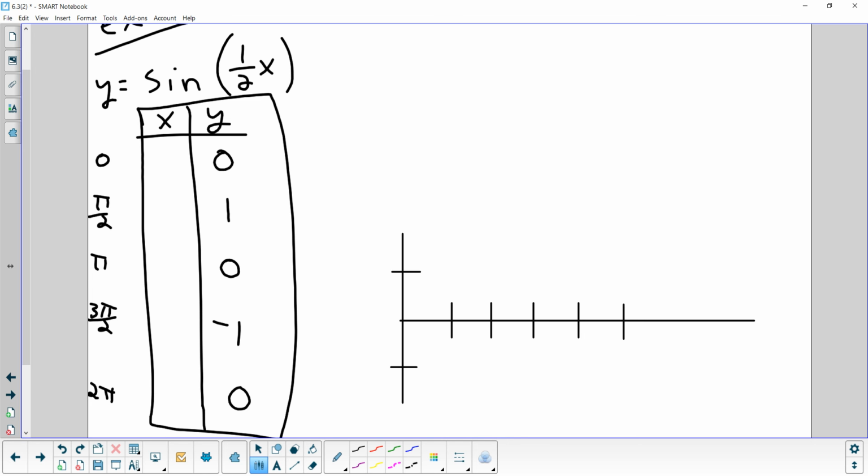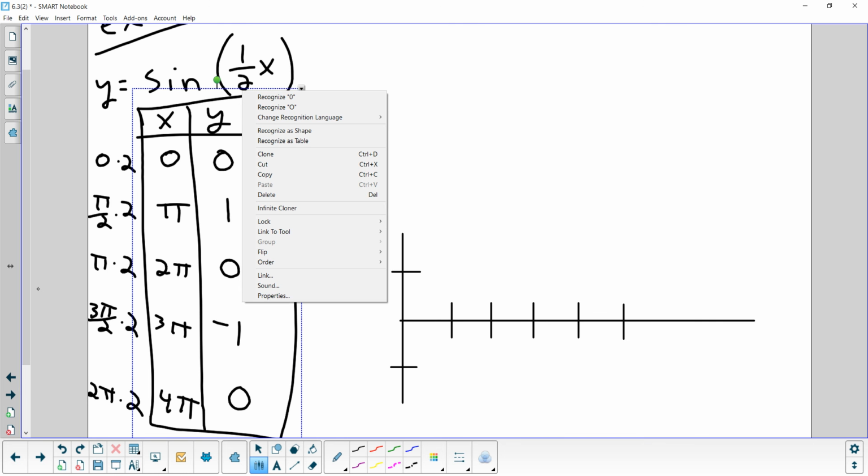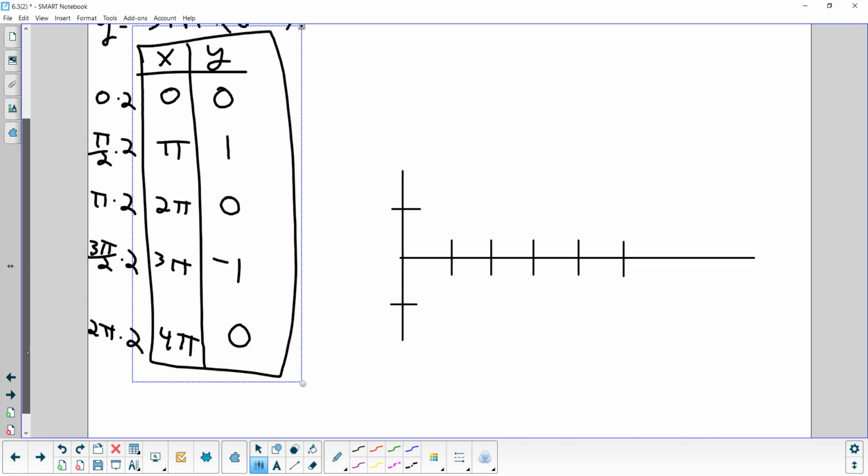So basically just double all the x's. 0, pi, 2 pi, 3 pi, 4 pi. We just multiplied everything by 2. That's it. And let's see if that makes sense. We multiplied by a number that was less than 1. That should cause a stretch, and it did.